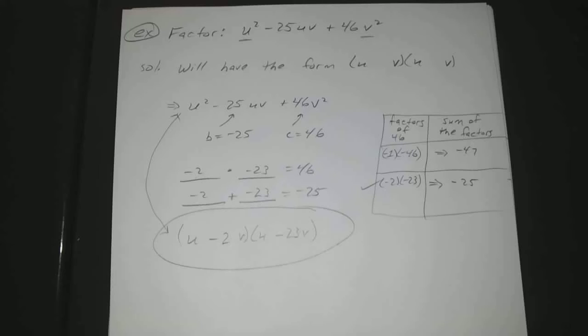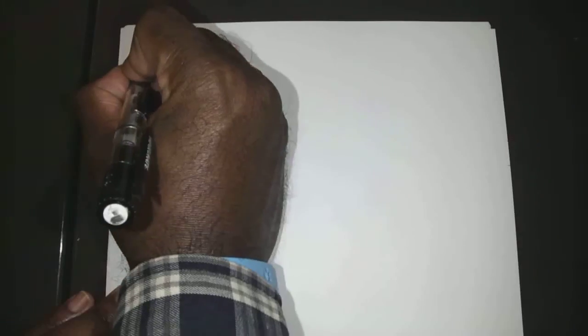Okay, so now we're going to factor if you have something in front of the x squared that's not equal to 1. Oh, is anyone still writing? I think everyone's done writing.